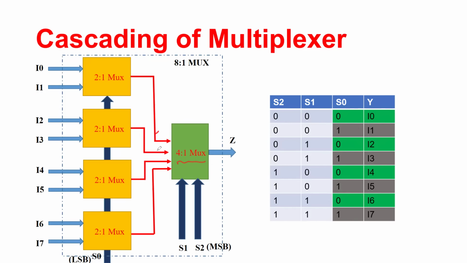And which of these lines gets connected to the final output line depends on the value of S2 and S1, which should be 0 0, 0 1, 1 0, and 1 1. So this is how you can see that your final output is reached from all the input lines, depending on all these possible combinations.